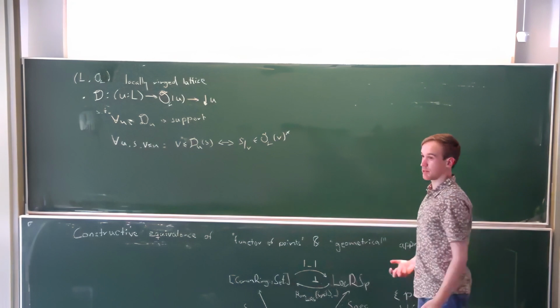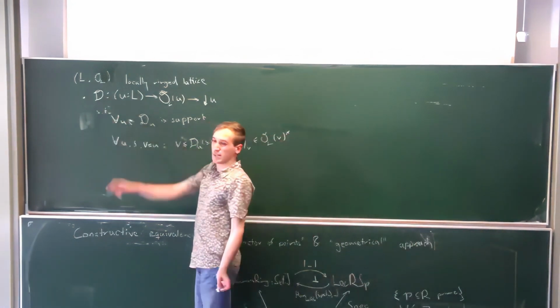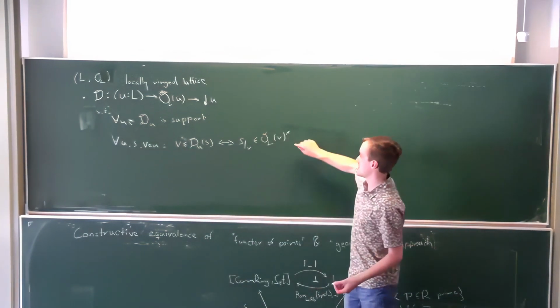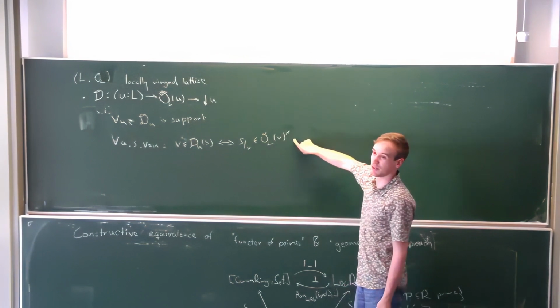So the problem is, if we want to do everything in a point-free way, of course we have to give this as an extra structure, but it's a property-like structure because of this condition. There can be at most one such map.